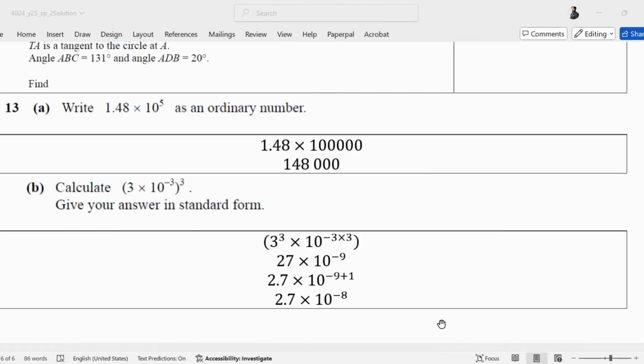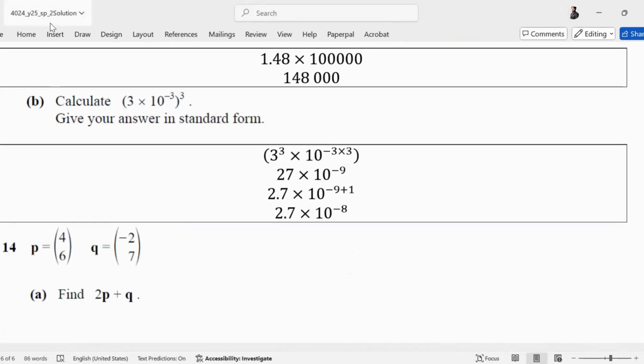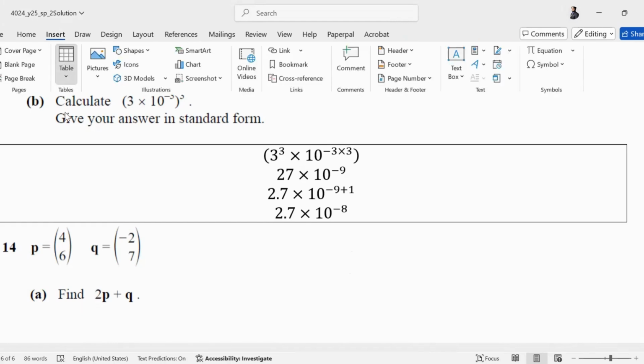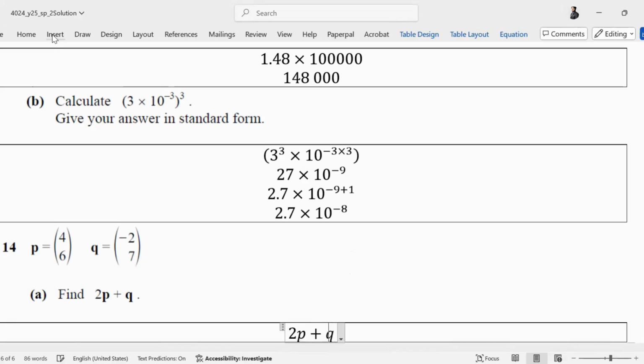Then the next part is about vectors, and I need to write down the vector 2p plus q. So 2p plus q.